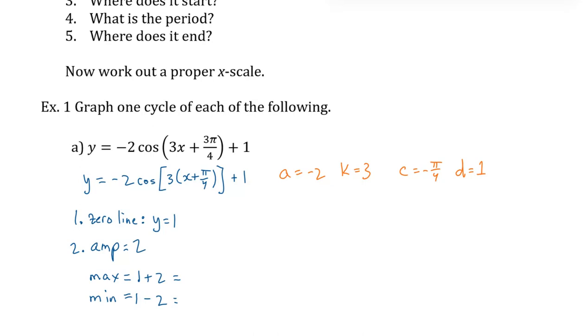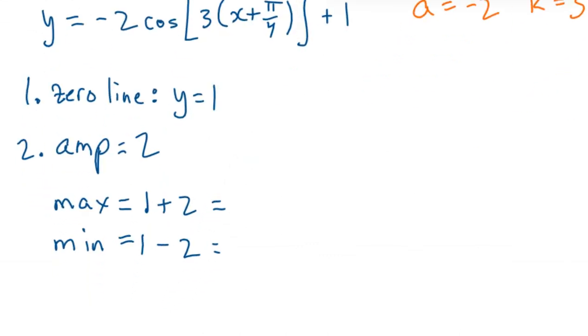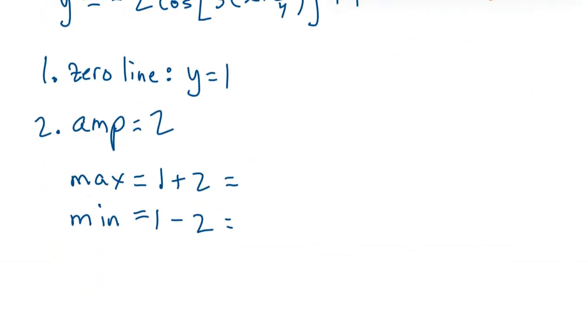You can't do it the other way around. Again, for me, it's a visual thing. I picture a graph starting at the 0 line up to the max, back to the 0 line, down to the min. So 1 plus 2 is 3. 1 minus 2 is -1.